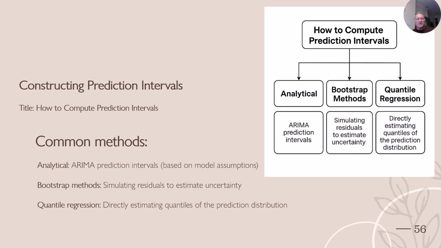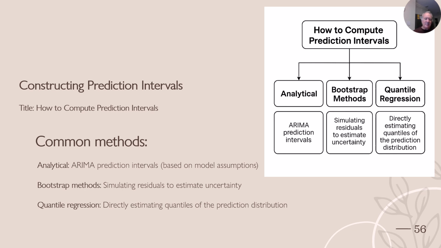So when constructing prediction intervals, we're going to look at some common methods. There's the analytical version of ARIMA, which we'll talk about in a couple of chapters. That prediction interval is based on the model assumptions.